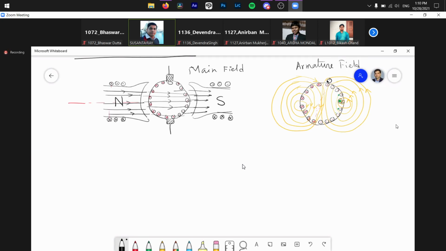As it is a doubly excited machine, it will have a main field and an armature field. And when they interact, that is called the armature reaction. Now what will happen if they interact, that I will discuss.